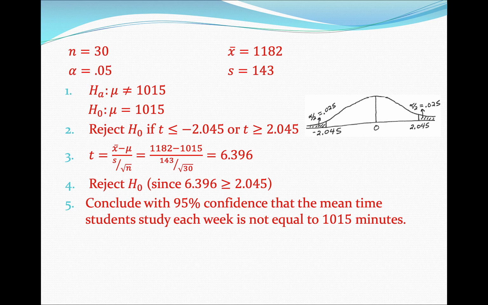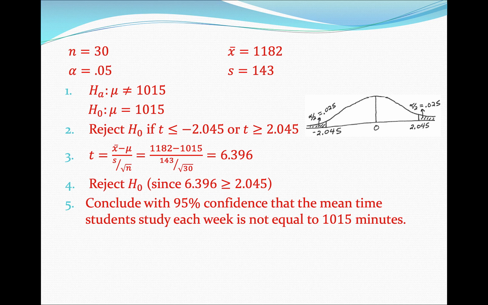So basically, if this test statistic did not happen by random chance, the only other way it could have happened is because our assumption was incorrect. We assumed that the mean was 1,015, but that could not really be true. At least the probability of that being true is less than 95%.